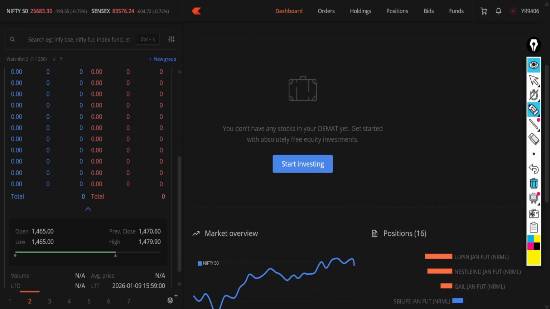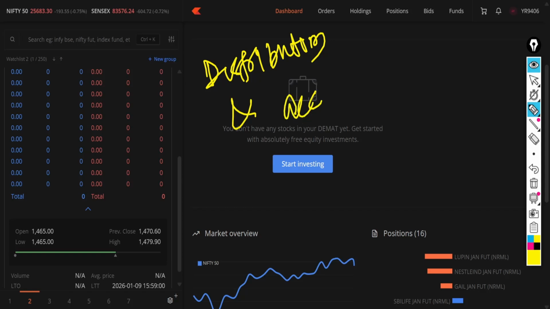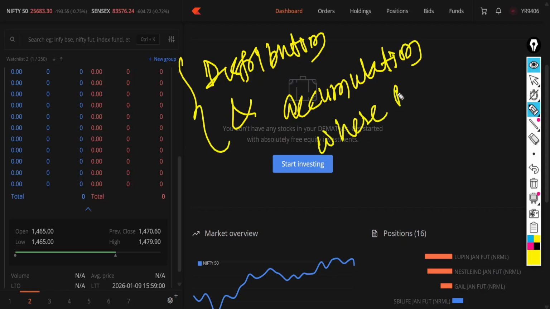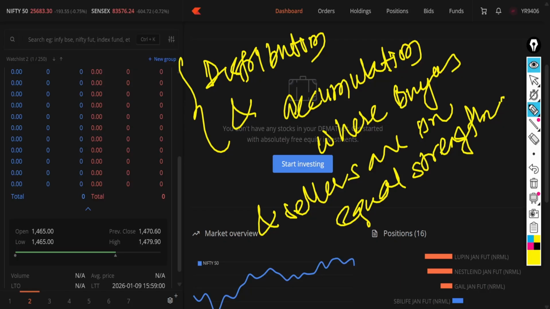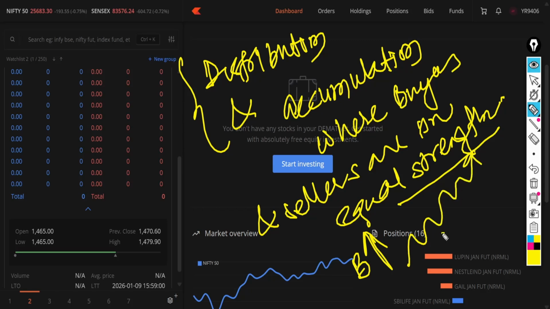In both of these concepts, distribution and accumulation, buyers and sellers are in equal strength. So if the buyer wins, price starts moving in an uptrend.